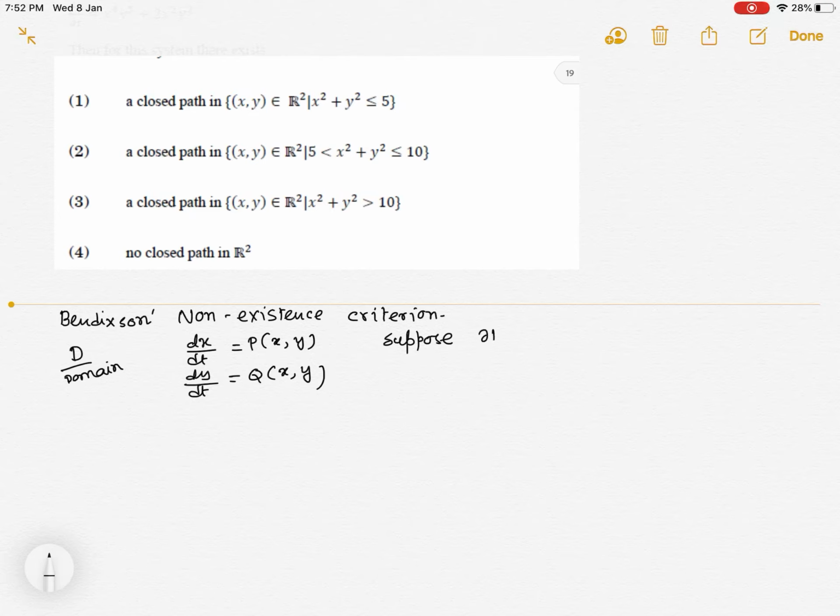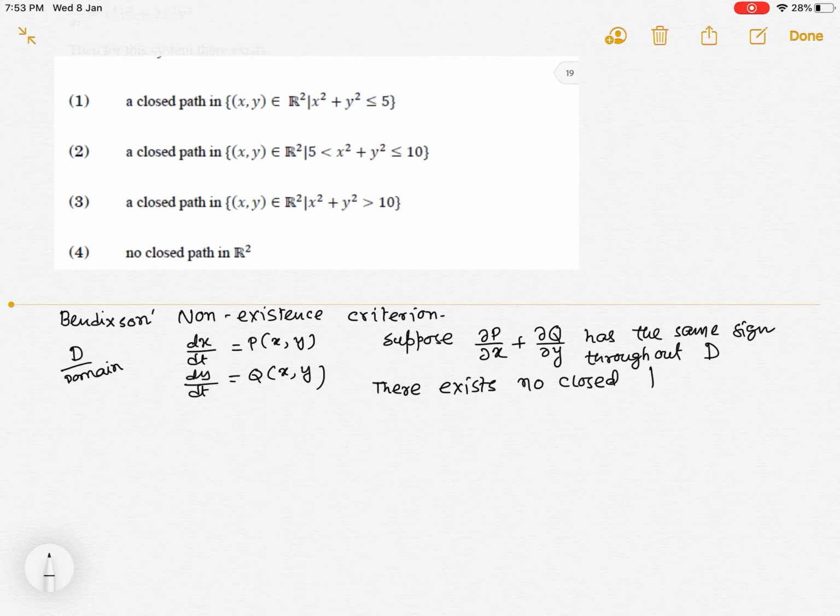Suppose that ∂p/∂x plus ∂q/∂y has the same sign throughout the domain D. Then Bendixson's non-existence criterion says that there exists no closed path.